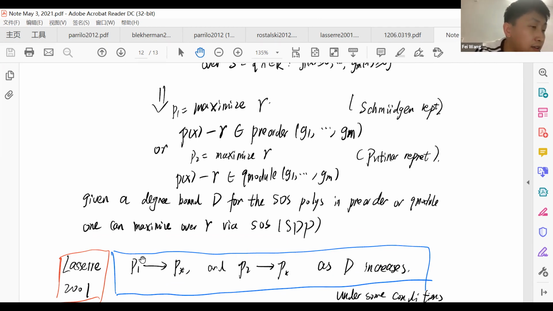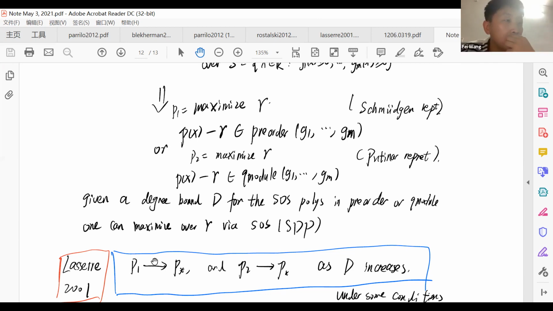And I think similarly, P1 also converges to P star. So at something like the D-th level of the Lasserre hierarchy or SOS hierarchy, you get polynomials of degree 2 times D or something like that.